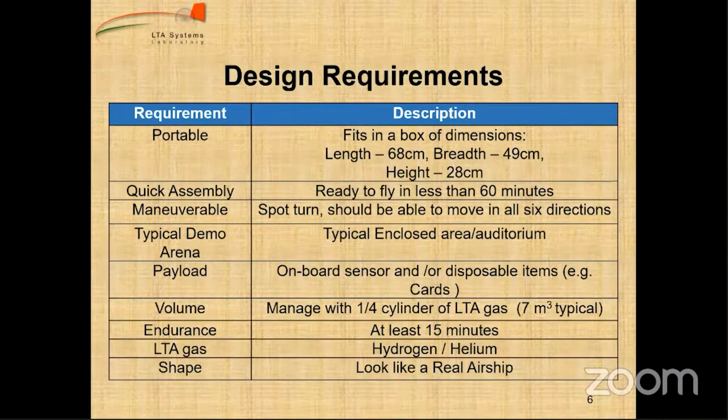So we need to carry them along with the envelope. The envelope only plays the role of holding the LTA gas, the lifting gas, inside the envelope. So other than the envelope, there will be some other equipment which has to be carried along with it. So that's why these are the dimensions of a commonly available suitcase or any other box. That's why we have chosen these dimensions of the box.